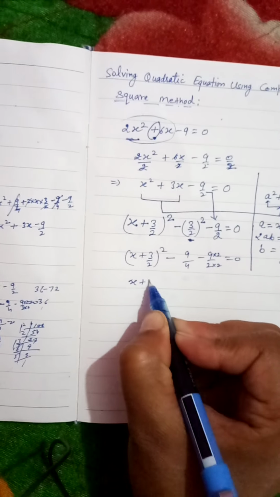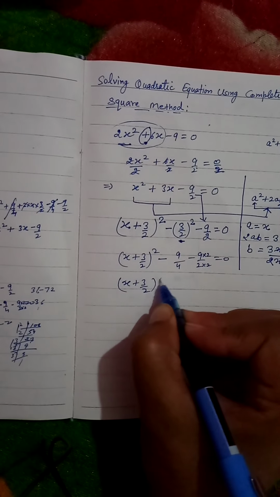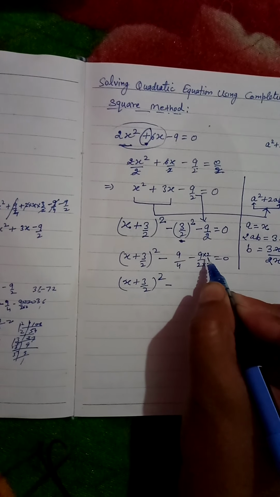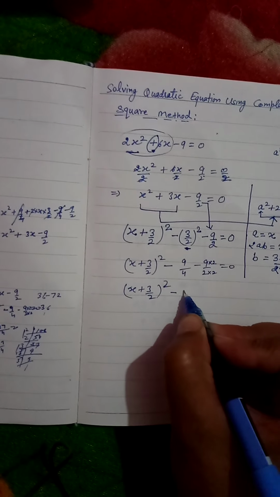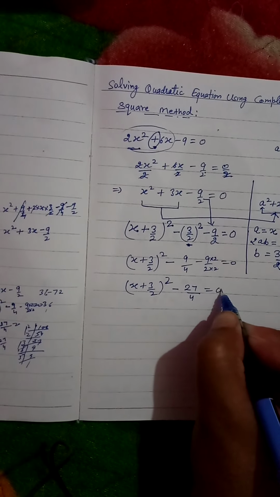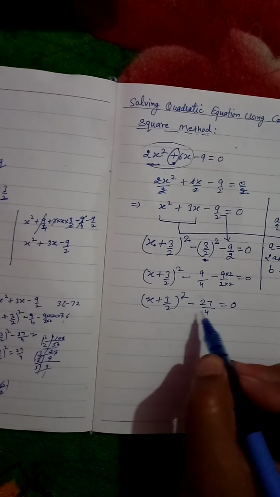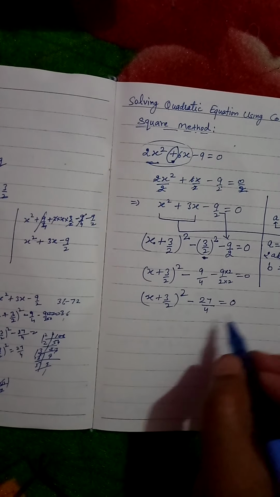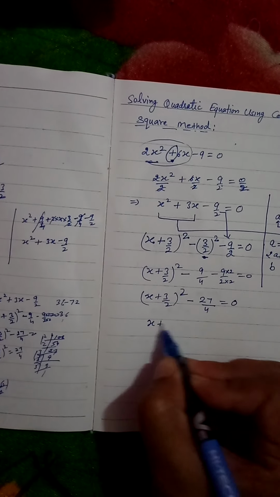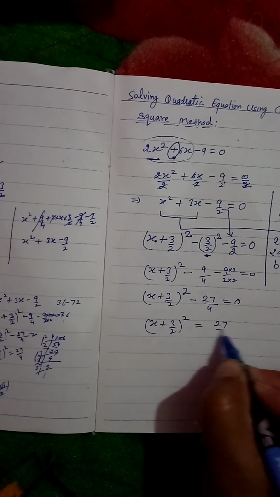We will get (x plus 3 by 2) whole square minus, this is minus 9, this is minus 18, minus 9 minus 18 is minus 27, and the LCM is 4, which is equal to 0. Now we got this equation. So now to solve this, we will shift minus 27 by 4 to the right hand side. So you will get (x plus 3 by 2) whole square equal to 27 by 4.